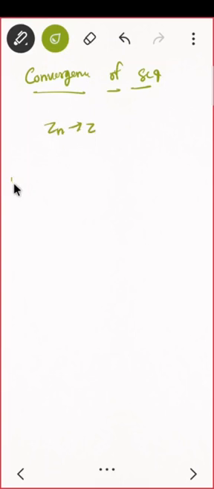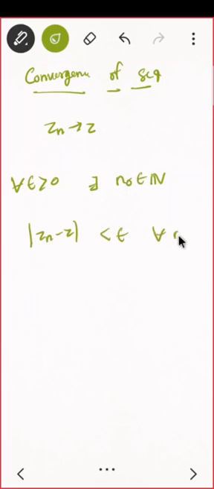For all epsilon positive, there exists n naught belonging to natural numbers such that mod of Zn minus Z is less than epsilon for all n greater than or equal to n naught. So the same thing, the definition is the same as before, everything is the same.